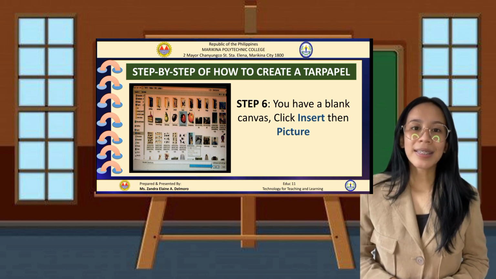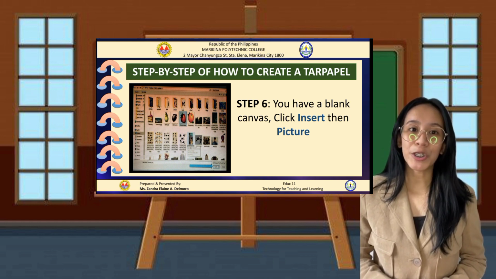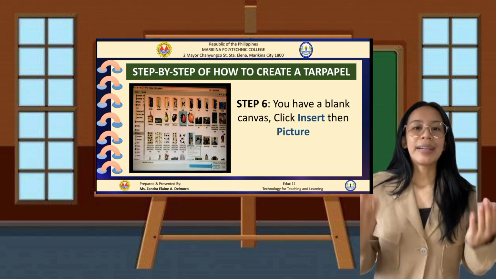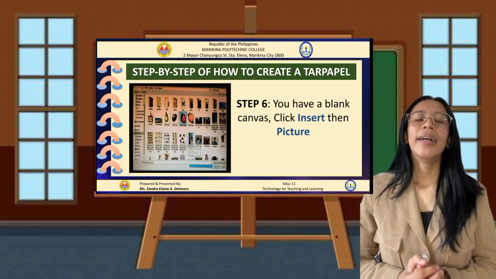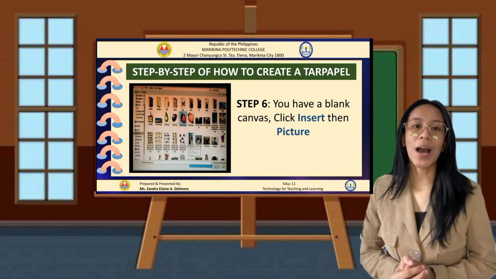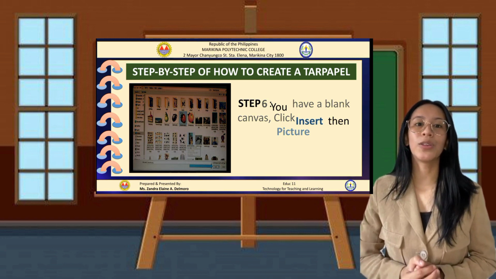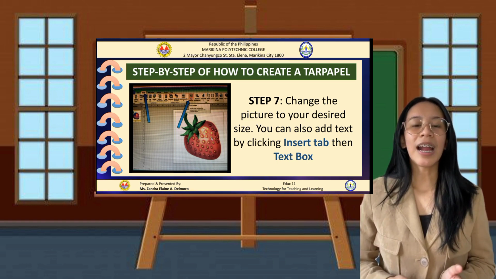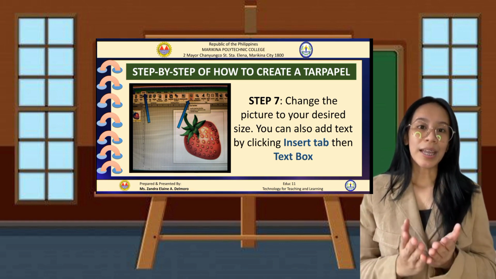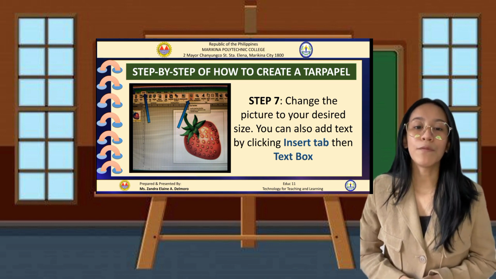So for the next, you can now choose a picture that you want. Click Insert, then Picture. Now, you have the picture that you want to make a tar papel. You can change the picture to the desired size. You can also add text if you want.